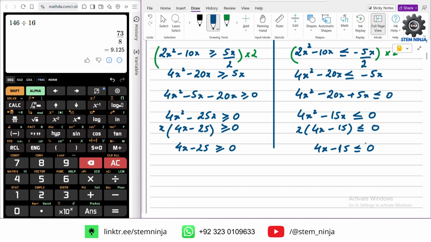Technically, that's not the only case over here, however, because if you're getting a product greater than 0, this could mean that both of them are greater than 0, or both of them are less than 0 also. So either way you can do that. However, this would be x greater than or equal to 25 over 4, and this is getting us x less than or equal to 15 over 4.